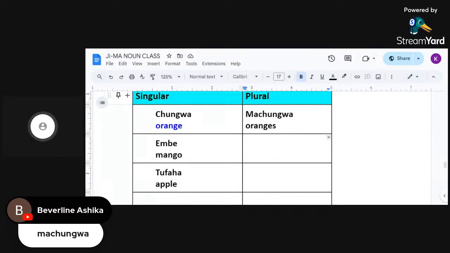We want to say many mangoes. How do you say that? Dada Angelica anasema maembe. Maembe, vizuri sana. Embe, maembe. Dada Beverly anasema maembe. Sawa, vizuri.